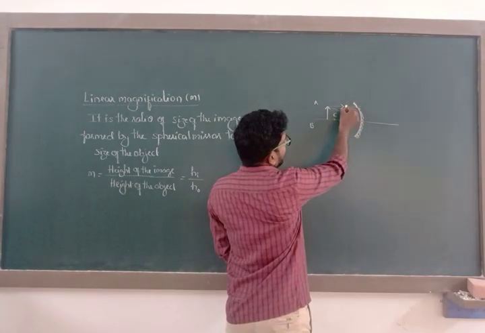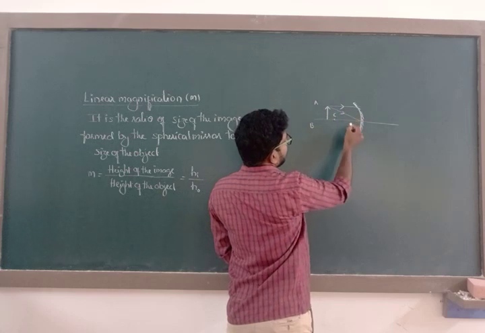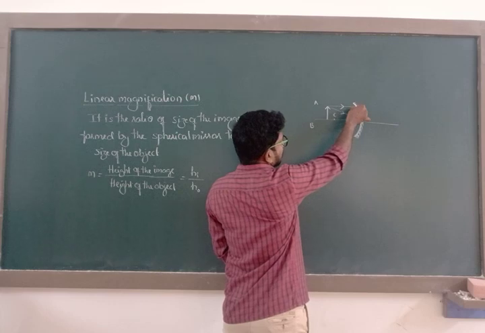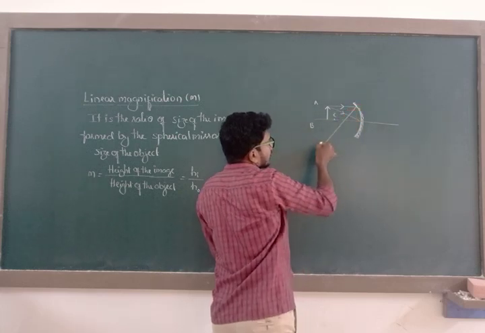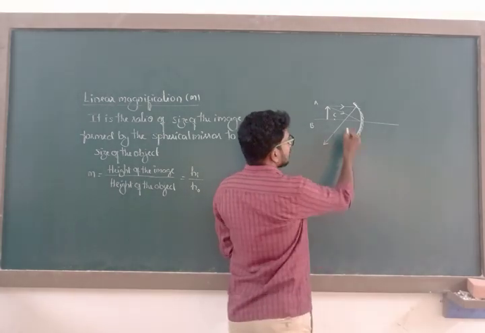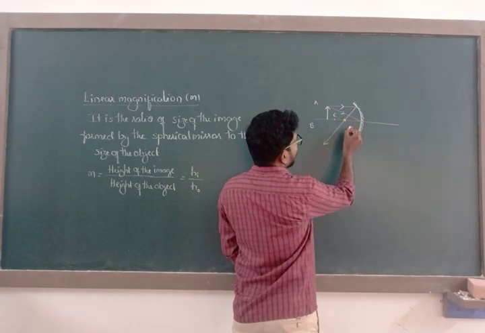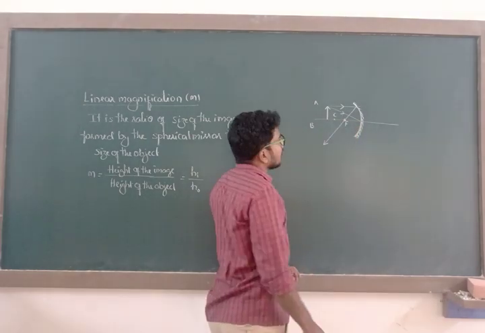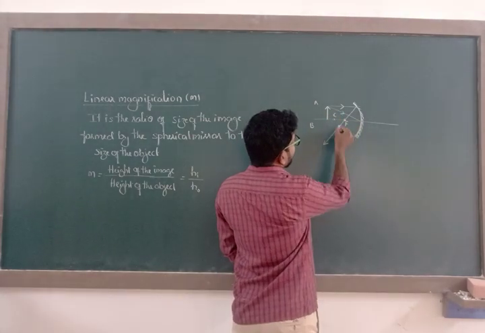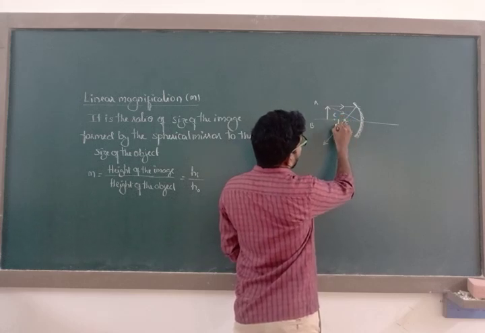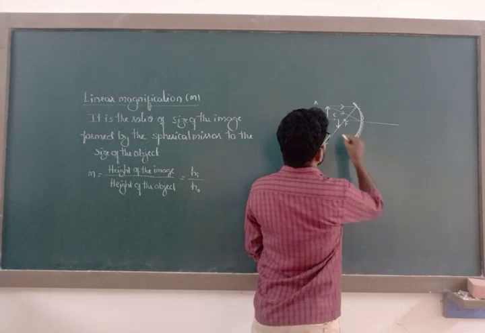Then the incident light ray parallel to the principal axis, after reflection, the reflected light ray passes through the principal focus. So this point is the principal focus, capital F. And when the object lies beyond the center of curvature, then its image lies between the center of curvature and the principal focus.